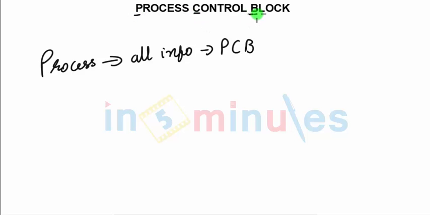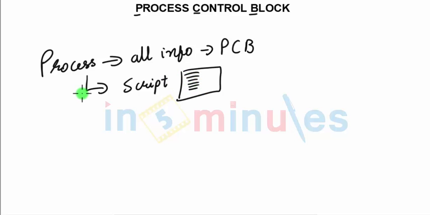Now, what all information does a process need to carry? The first thing it needs to carry is the script, which is code in some programming language. Second, it needs to carry a resource list. Resource list is the list of resources which may be needed for execution or may be needed during the execution.